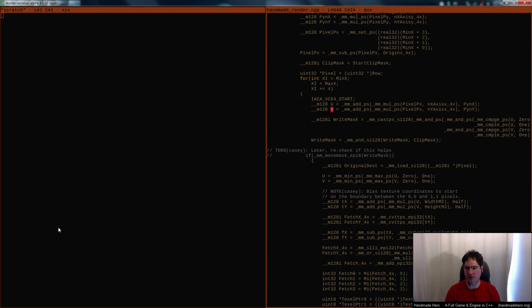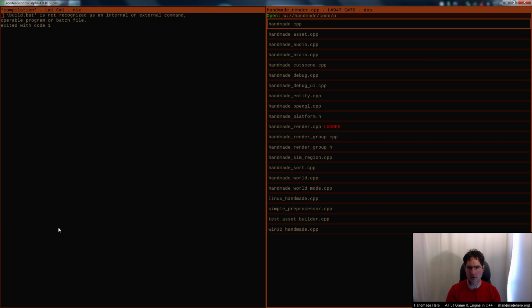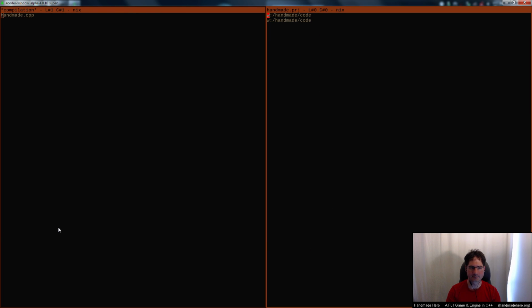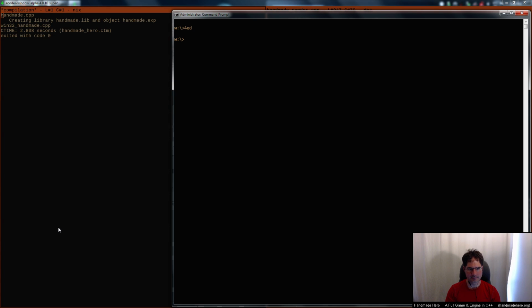So here's where we're computing our u and our v coordinates, and we have to replace these computations with the correct ones. Let me load the project file there.